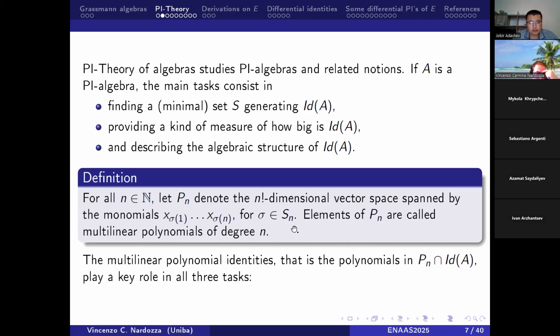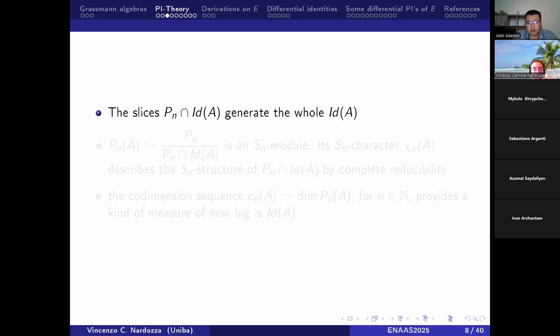The relevance of these polynomials for this task is that the multilinear polynomials lying in the ideal of identities of A are a generating set for the polynomial identities of A. It is not generally a finite set of identities, but it is a set of generators for the T-ideal.